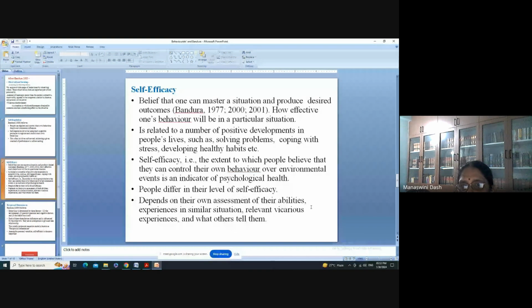Second, what others tell them about their competence. And third, their own assessment of their behavior. So depending on these three factors, self-efficacy can be high or low. So people differ in their level of self-efficacy.